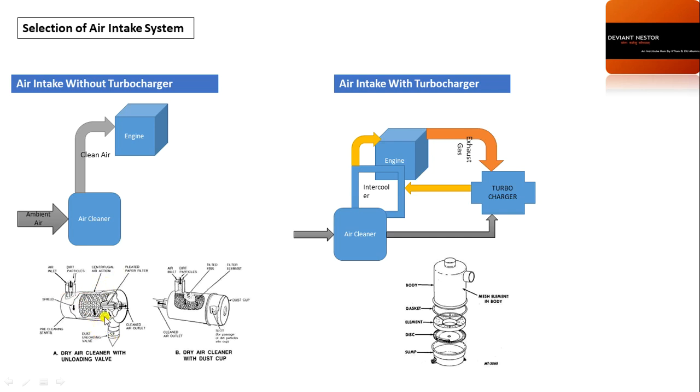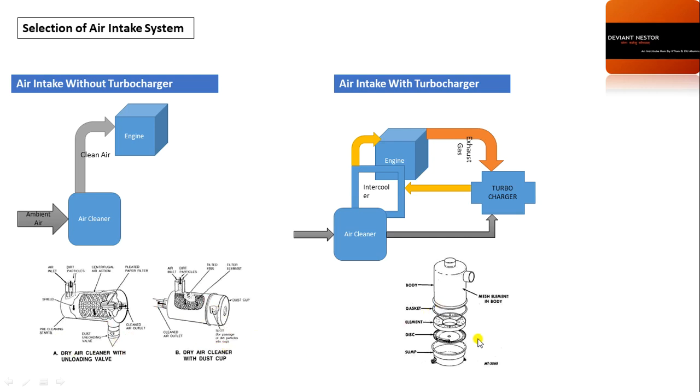You can see there is a dust accumulator, called the unloading valve, where, due to the heavy mass, dust gets accumulated and we can eject it from this point. This is the dry type of air cleaner.